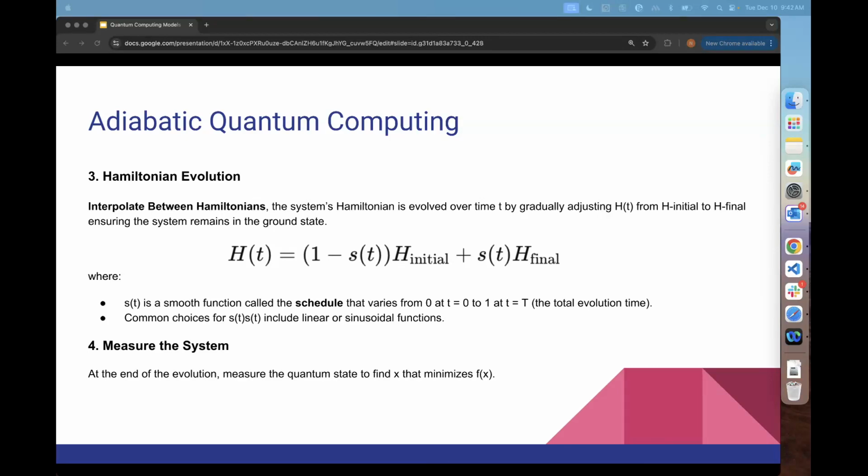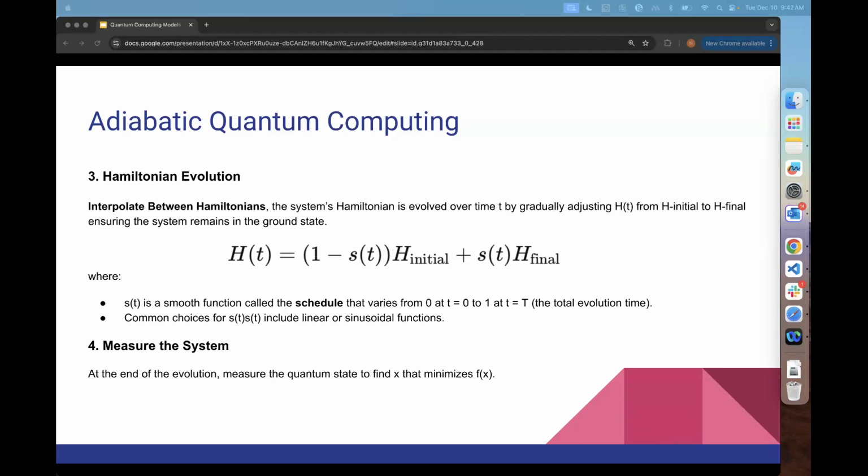The evolution of this Hamiltonian is controlled by a scheduler function, which is S of t. T is the time function, which can take a value from t equal to 0 to t equal to 1. This scheduler function can be linear or sinusoidal, but the goal here is to maintain the system in its grounded state throughout the evolution.